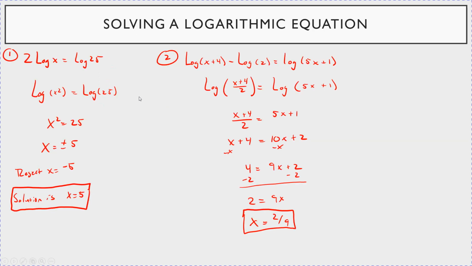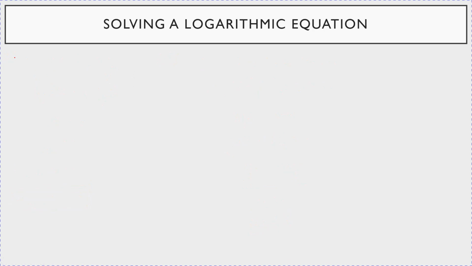All right, so let's try this one now. Let's look at log of x plus log of x plus 3 is equal to log of 10. All right, we've got to get a single log.